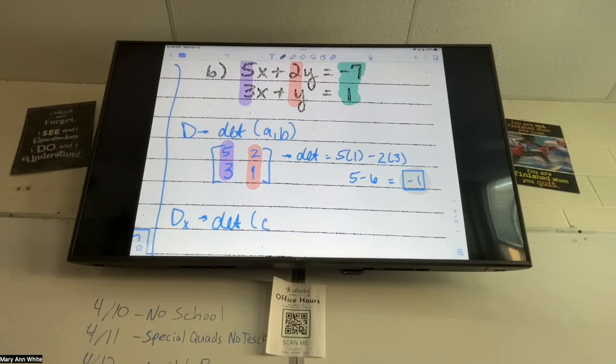I'm working on DX. Sorry, I'm kind of all over the place with my highlighting and writing. I'm trying to keep it nice and organized, and I'm being a little flighty. On that, I made a mistake. There we go. That's better.